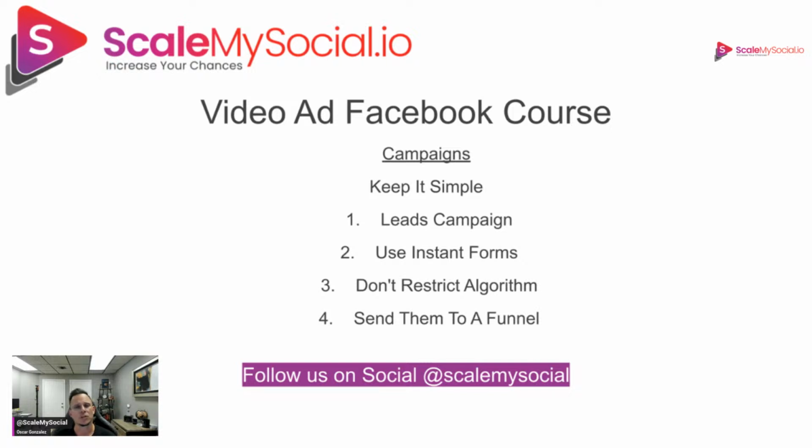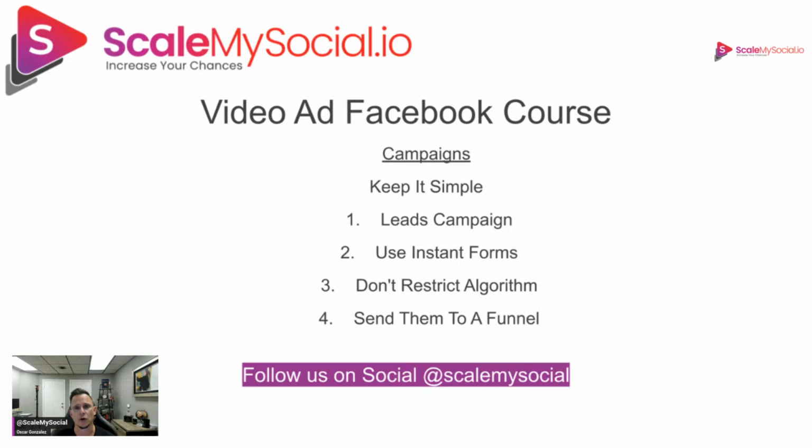Number 3, don't restrict the algorithm. Many people make a huge mistake when they're creating their ad or when they're working on their audience and adding too much targeting, trying to hyper focus on a niche or a particular segment of people. And when you're just starting out an ad campaign, it's so important that you open up that audience and allow the algorithms to do the work of looking for, one, who is your specific audience?